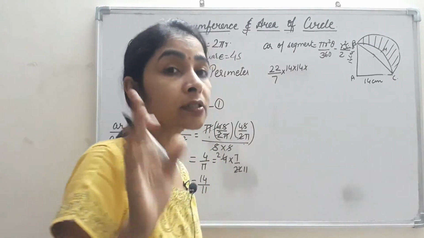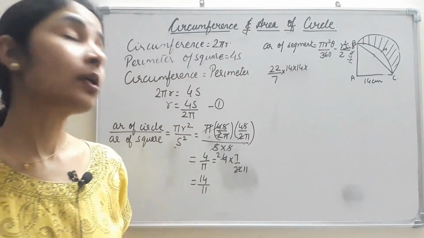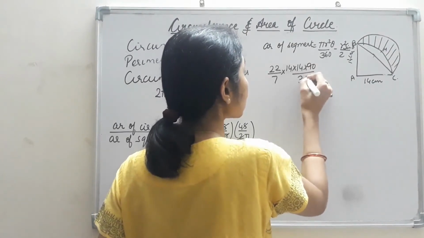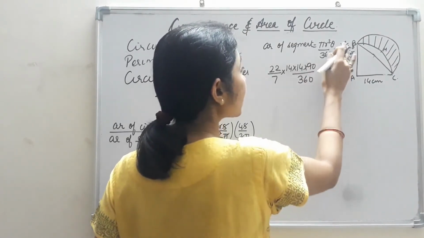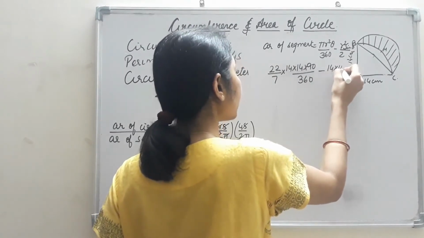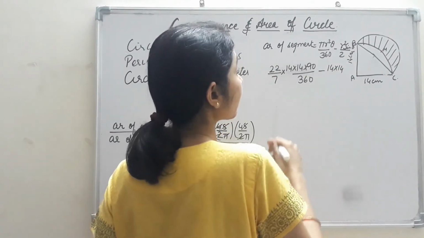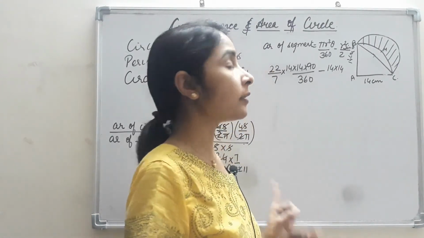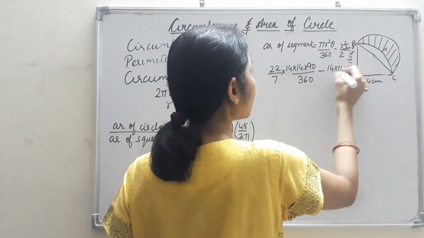Theta is equal to 90 degrees, since it is a quadrant. So 90 upon 360, minus again r square, so 14 into 14. Now sine theta, again it is 90 degrees, and sine 90 degrees is 1. So multiply by 1 upon 2.